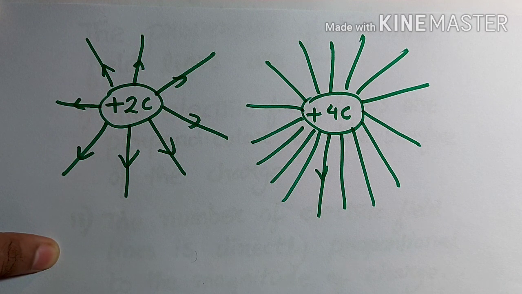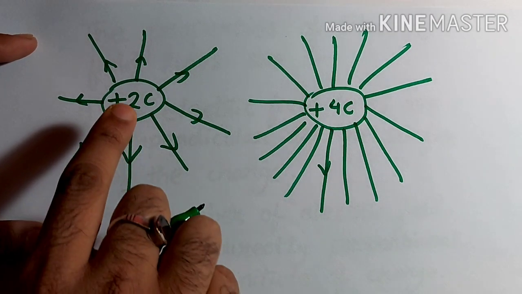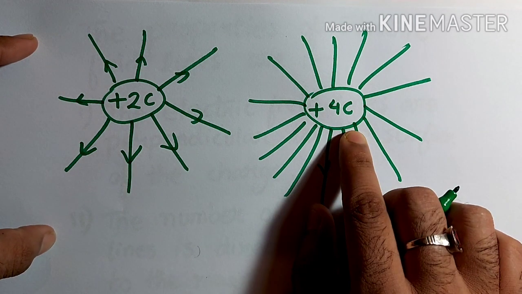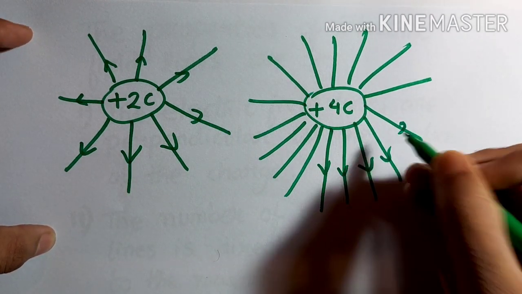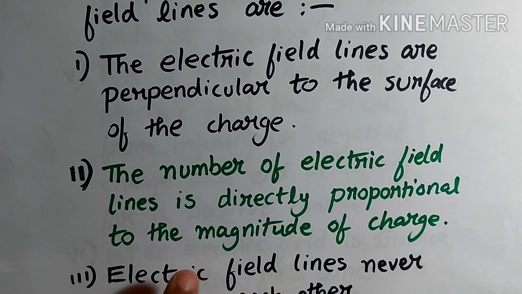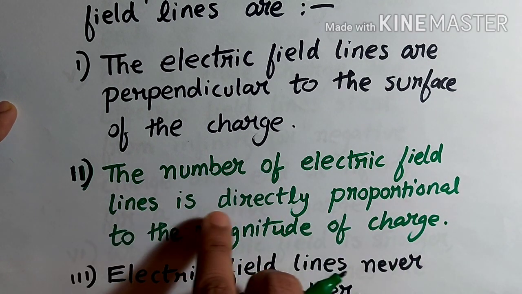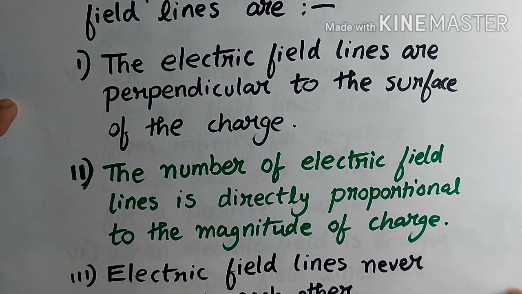That is the double. Always remember this fact: with the increase in magnitude of charge, the number of electric field lines also increases. That is the second property. It says the number of electric field lines is directly proportional to the magnitude of charge.